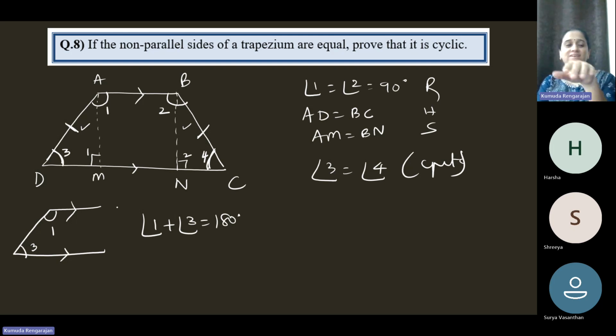Co-interior angles. Co-interior angles are supplementary. Parallel lines. Opposite sides are parallel. No, AB is parallel to CD because it's a trapezium.